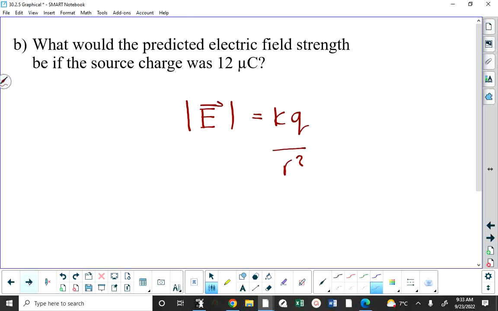Okay, first of all, I'm not allowed to calculate this by putting 12 microcoulombs in for Q, 0.75 meters in for R, and 8.99 times 10 to the 9 in for K, because I want an experimental prediction. I can't use the number on the formula sheet. I have to use the experimental value of K. But even if I did that, I will not get the right answer to this question. I'll get burned on an exam.